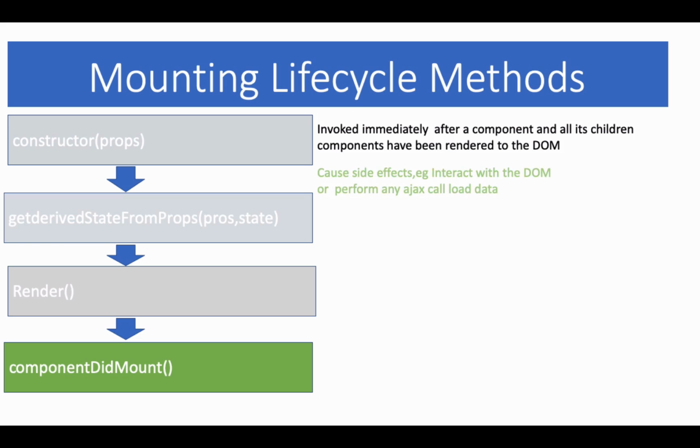Example, interact with the DOM or perform any AJAX call to load data. If you need to load data from a remote endpoint, this is a good place to instantiate the network request. Now, we have a good understanding of the four methods and what can and cannot be done in each of them. Let's get into the code and see their order of execution.